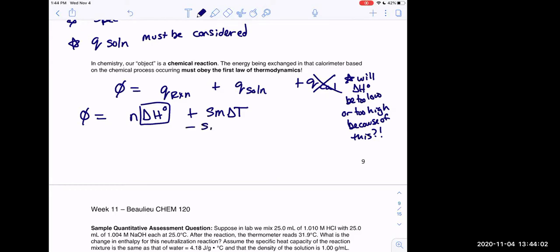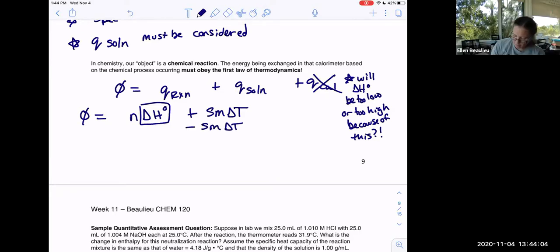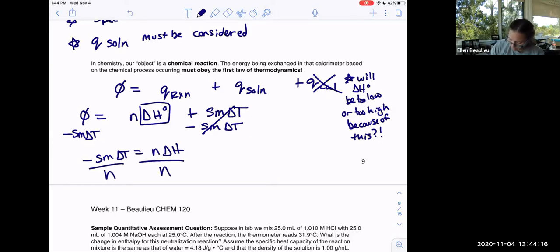So I'm going to subtract s m delta T from both sides. So I get negative s m delta T equals n delta H, and I'm going to divide both sides by n. So delta H naught is negative s m delta T over n.